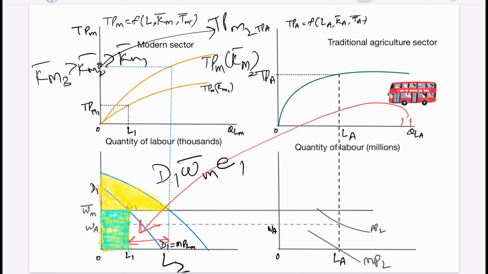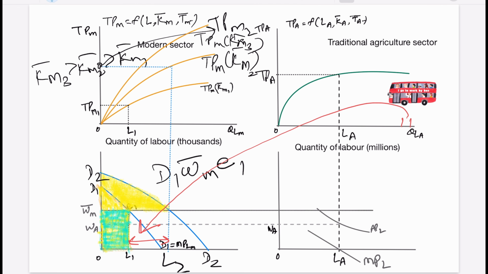Similarly, this profit will again be reinvested. So this was D2, D2. This profit is being reinvested, so we will have an even higher production function now. So this will be like this, which is nothing but TPM KM3 bar.